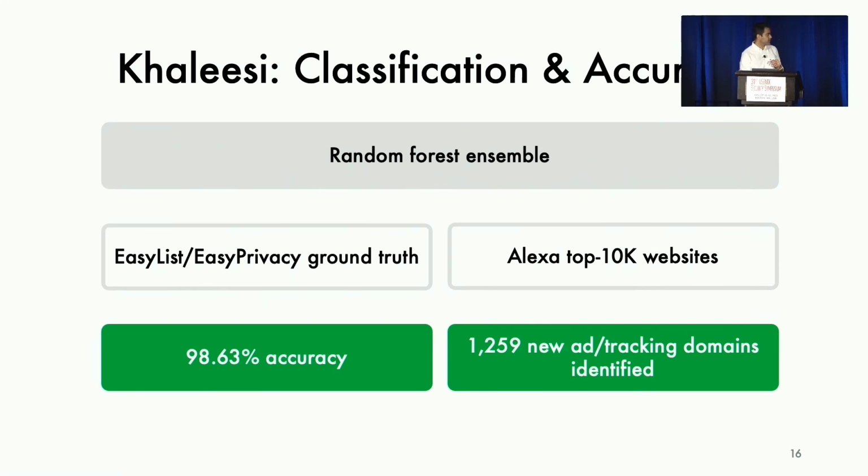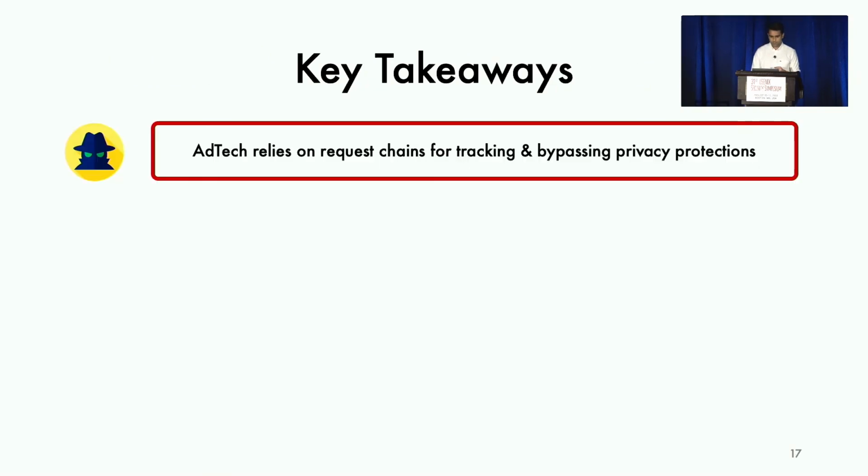So that number here, 98%, is for the tenfold cross-validation. But most importantly, we are able to detect more than 1,250 new advertising and tracking domains that have not been blocked yet by EasyList and EasyPrivacy, which almost all ad and tracker blockers use.